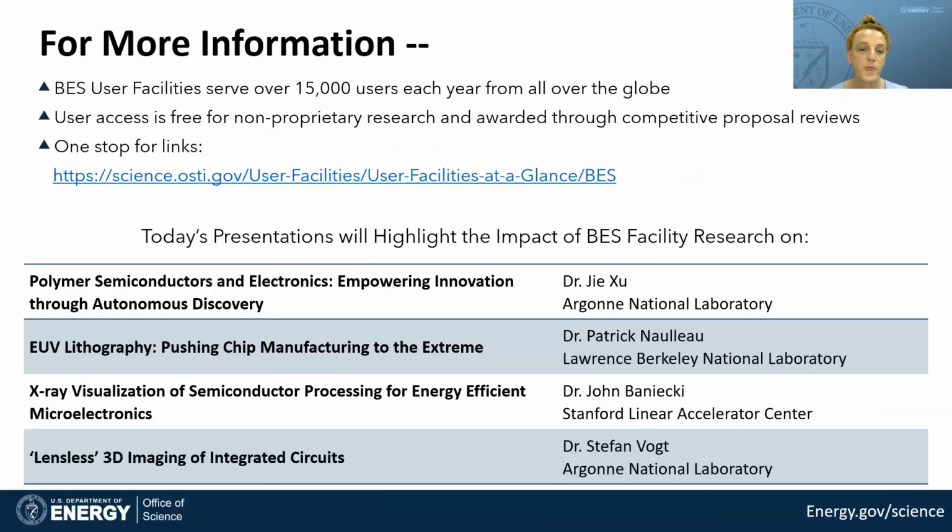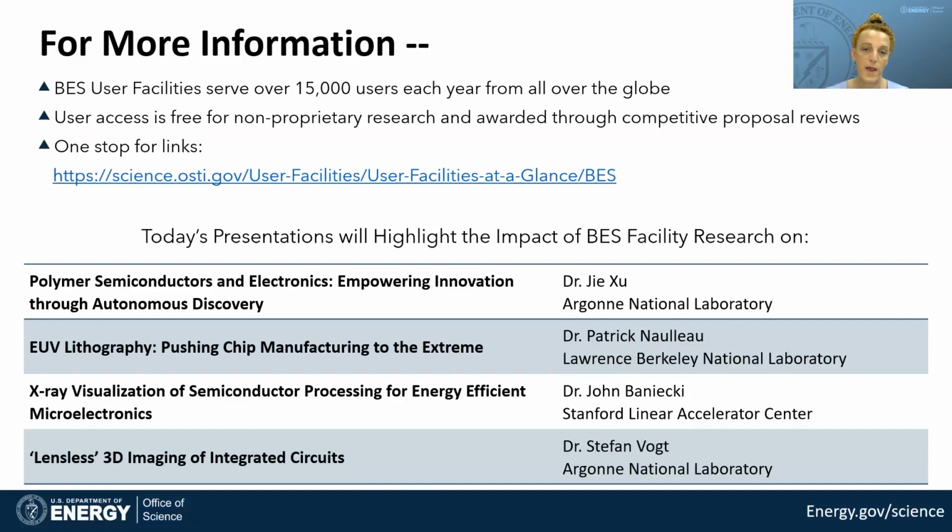And so our user facilities serve over 15,000 users each year from all over the globe. Access to these facilities is free, with exceptions for special materials that might need to be bought.